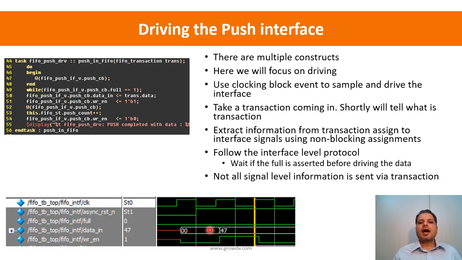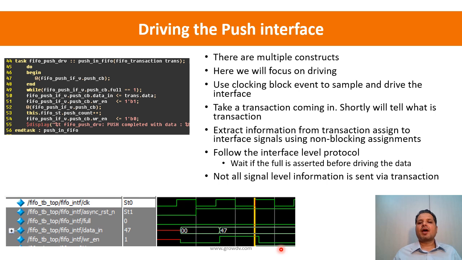What is it? And then that data is being driven and the write enable is asserted on the rising edge of the clock. And we are waiting for one clocking block event, which will be the next posedge, and I am deasserting it. And that deassertion is happening after one unit time delay that we had specified in the clocking block. So this is the way the write enable gets asserted to the FIFO.